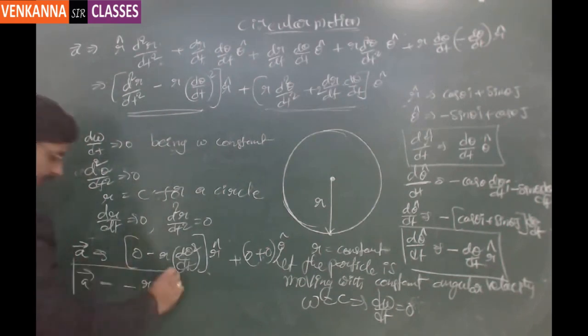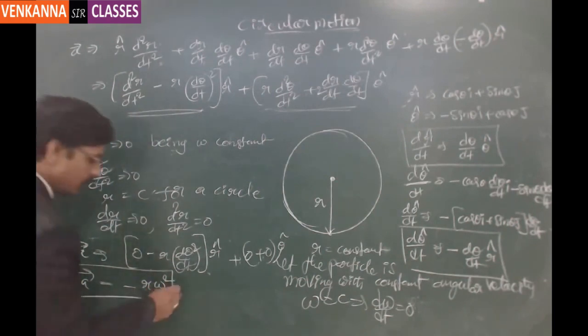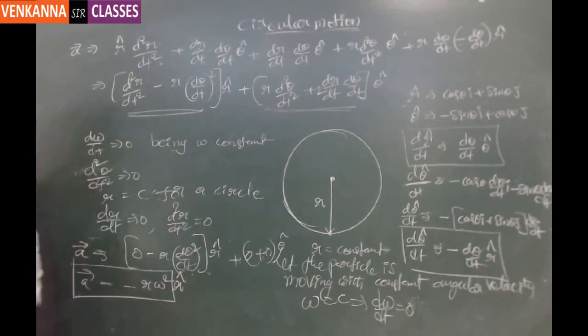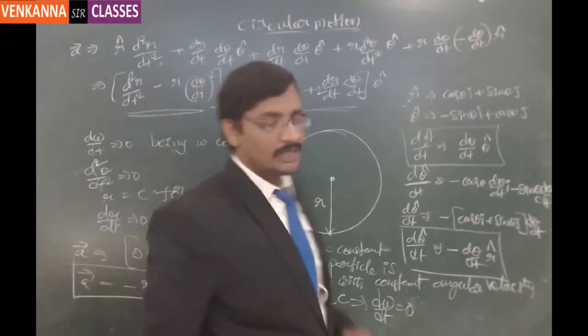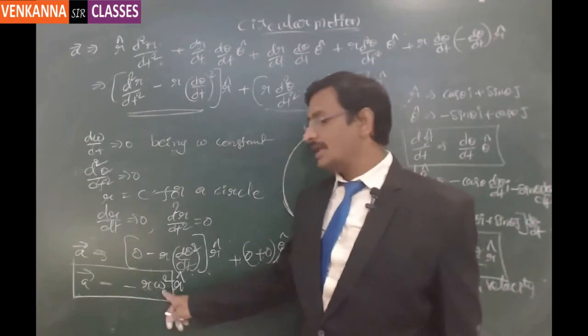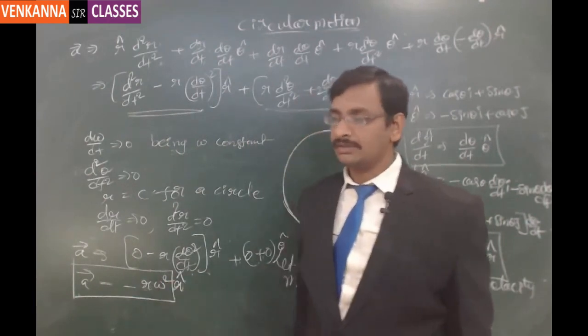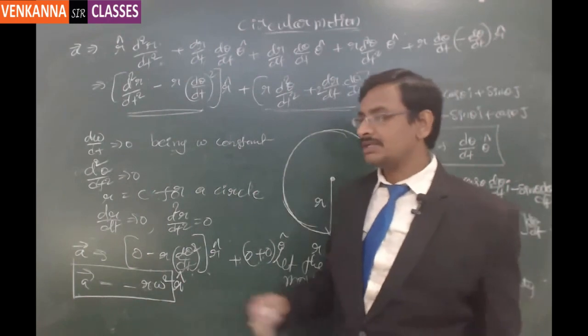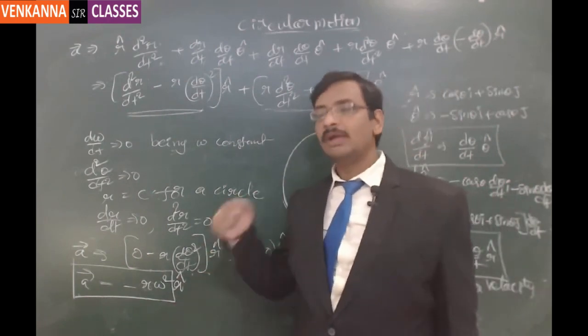This is one very important conclusion: minus r omega square r cap. R cap is the direction of the movement. So minus r omega square, this is what we popularly call the centripetal acceleration. The centripetal acceleration means there will be a force.